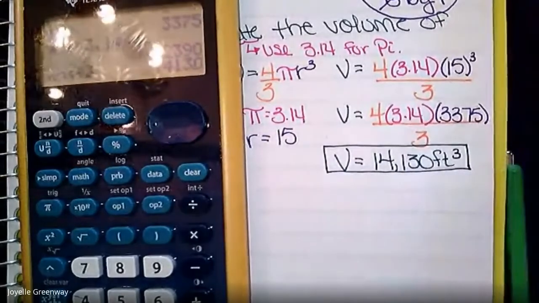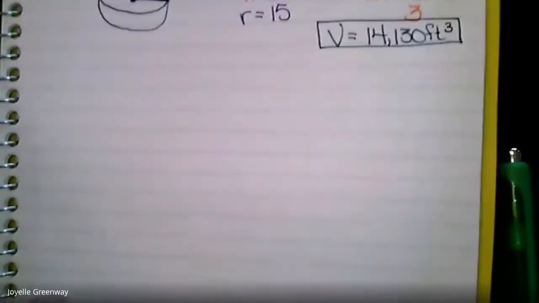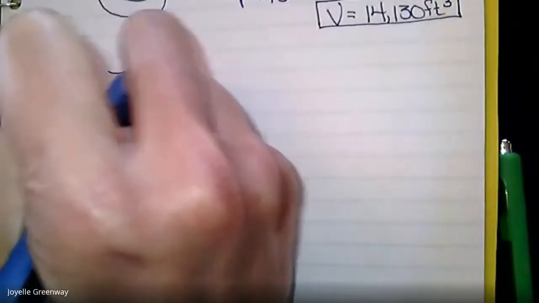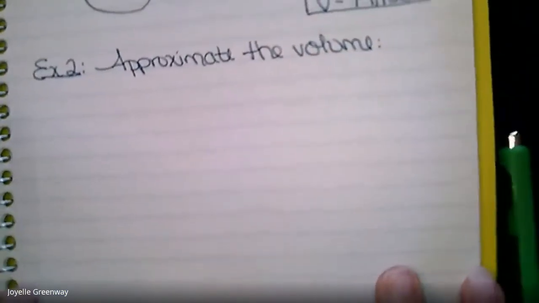So that's how you find the volume of a sphere. Okay? So let's try example 2. So again, we will approximate the volume for the sphere.